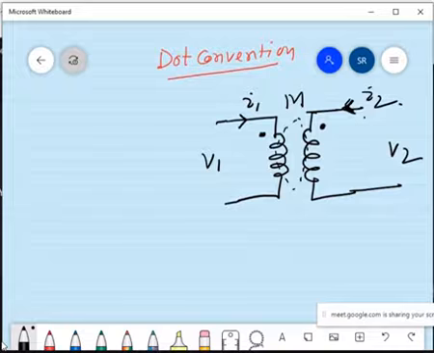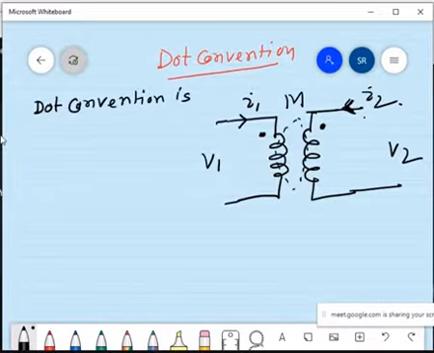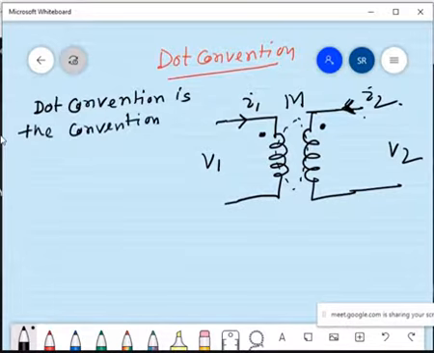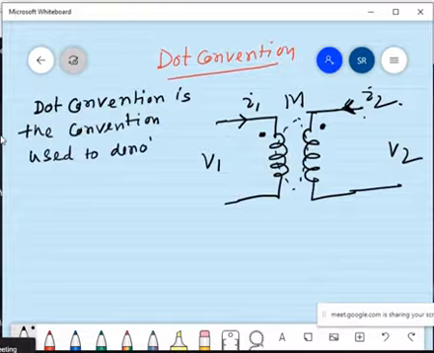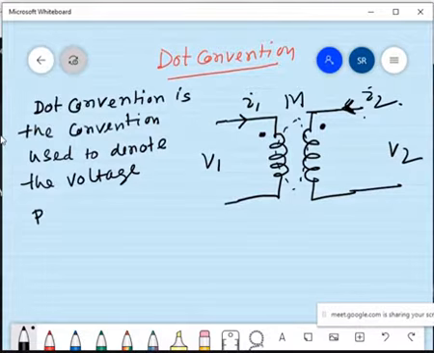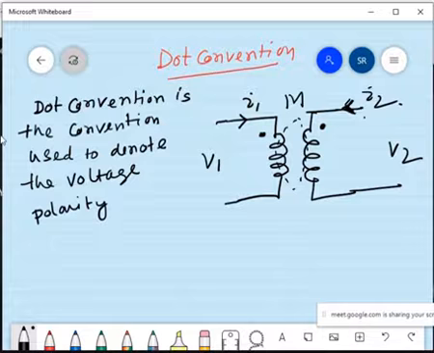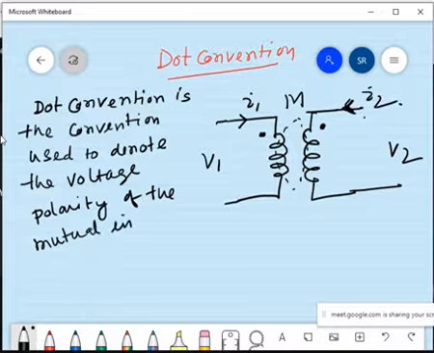In circuit analysis, the dot convention is a convention used to denote the voltage polarity of the mutual inductance.